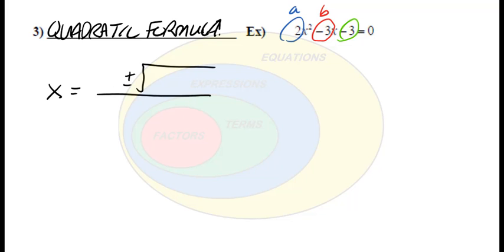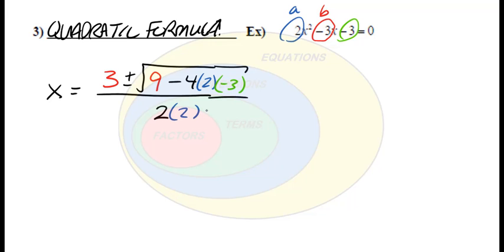The first term is the opposite of b, so the opposite of -3 is 3, plus or minus the square root of b squared. Well, -3 squared is 9, and then I have minus 4 times a, which is 2, times c, which is -3. So that's all over 2 times a, which is 2.